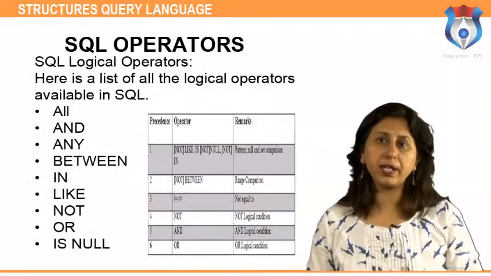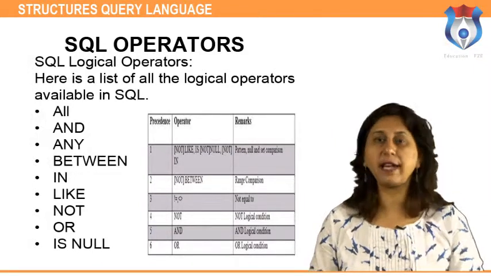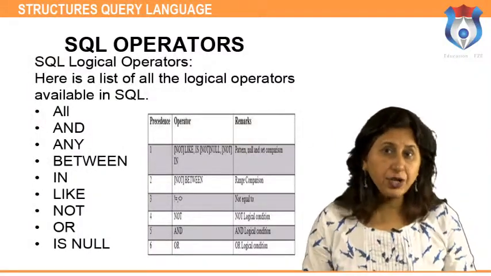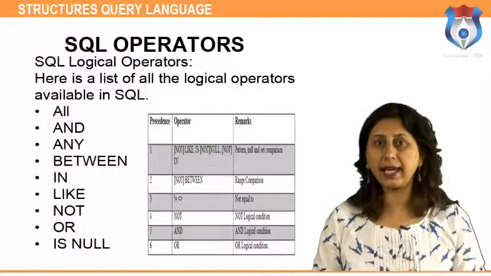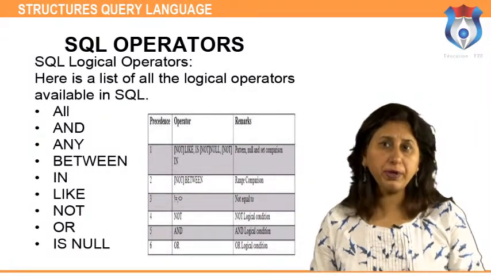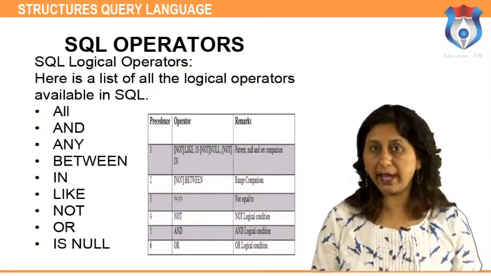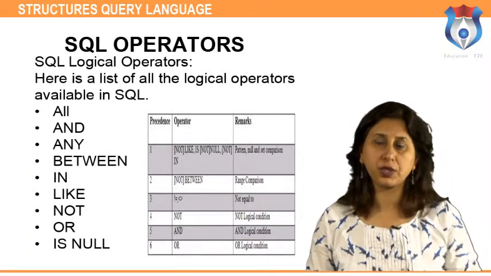The ALL operator is used to compare a value to all values in another value set. The AND operator allows the existence of multiple conditions in an SQL statement's WHERE clause. The ANY operator is used to compare a value to any applicable value in the list according to the condition.